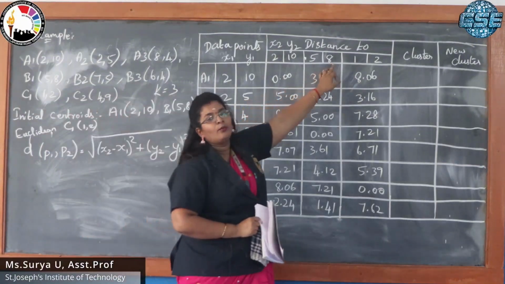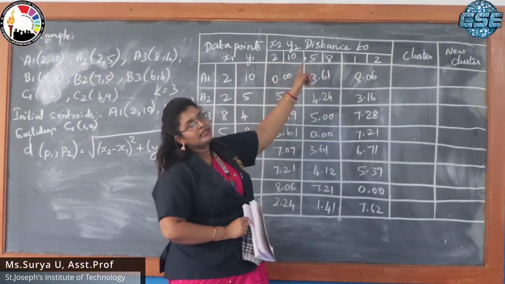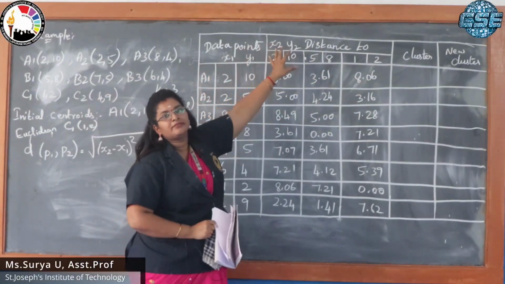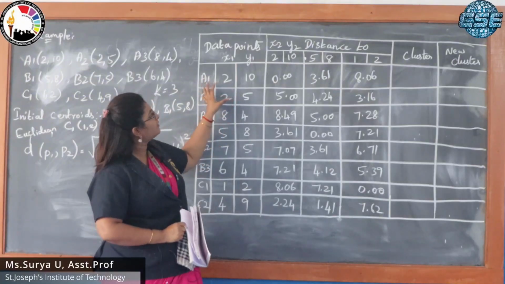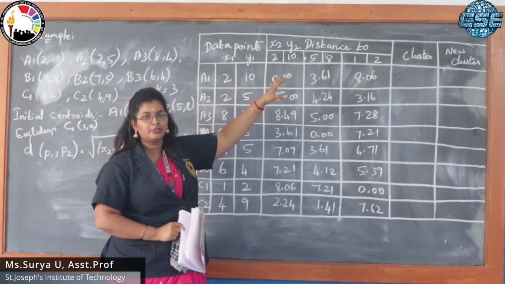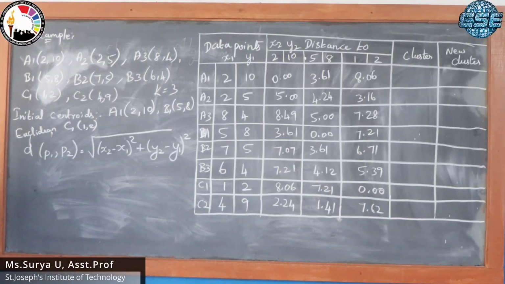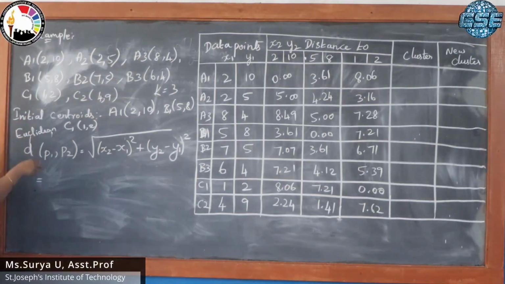So I have written 1, 2 here. So these are your 3 centroids. Now you have to find the distance between your data points and the centroid values. For that we are using the Euclidean distance. Let me tell you the example. So the first step, the first one you have to find.